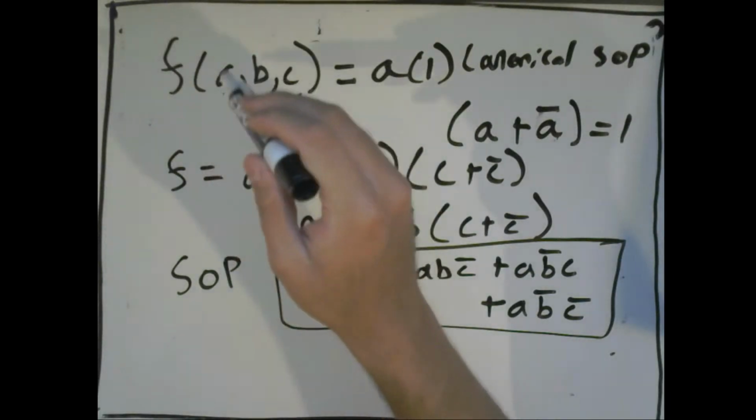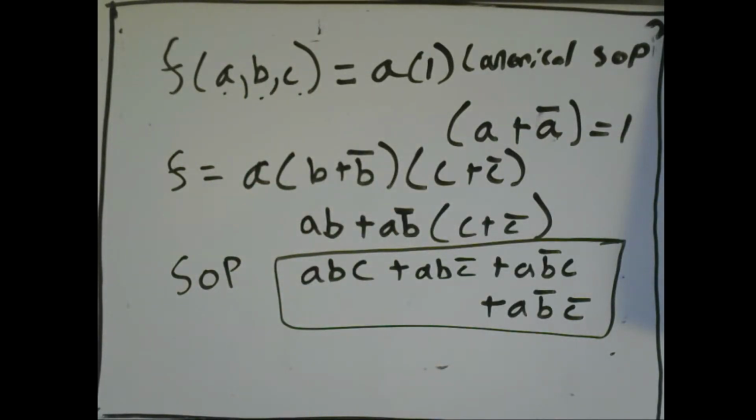If we have A, B, and C, the number of different possibilities we have is 2 to the 3, so there are 8 different possibilities. It's like a truth table, where we have 1, 2, 3, 4, 5, 6, 7, 8, and then the function output, like 1, 0, and so forth.